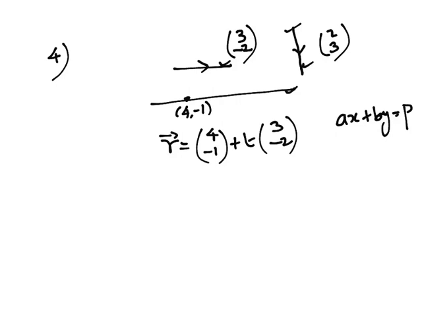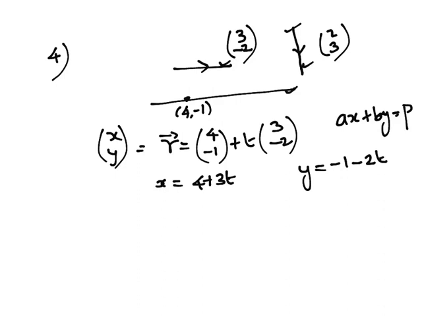Now the next step is converting this into Cartesian form. So I'll write r vector as x and y, which means x equals 4 plus 3t and y equals minus 1 minus 2t. Okay, I hope you understood how we got it.